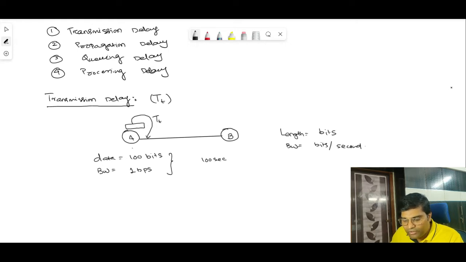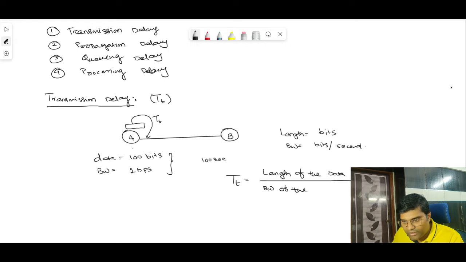If I want to find the transmission delay, for example TT, it is the length of the data divided by the bandwidth of the transmission.